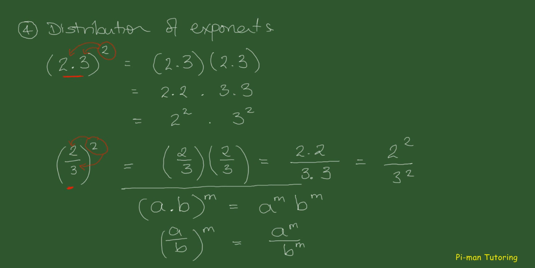It's important to recognize that this only applies when we are multiplying or dividing in the bracket. Don't make the mistake of distributing an exponent when you have pluses and minuses inside the bracket. In those cases, we need to multiply out fully and apply the concepts of FOIL to expand brackets with all of their terms.